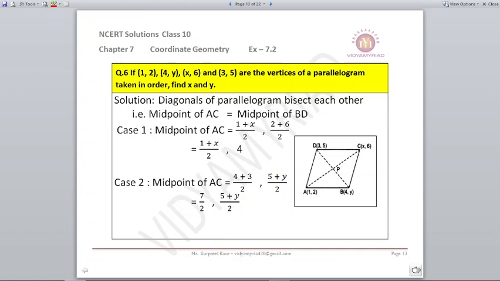So when I take the midpoint of AC, it will become (1 plus x) upon 2 and (2 plus 6) upon 2. I get (1 plus x) upon 2 and 4. So the x and y coordinates I found. Case 2, we will find the midpoint of BD.